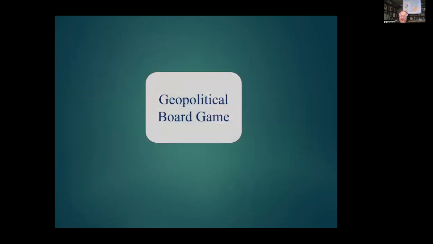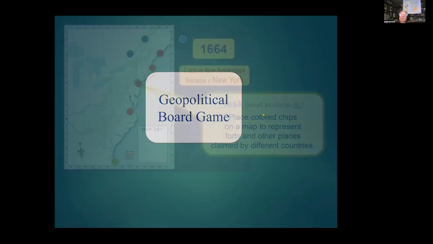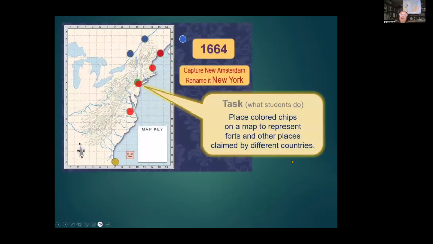The geopolitical board game is another somewhat longer game. What they do is they watch a presentation or they look at the table of dates and they put colored chips on the map. The dates are all coded by the same number-letter coding system that your clickable map uses.